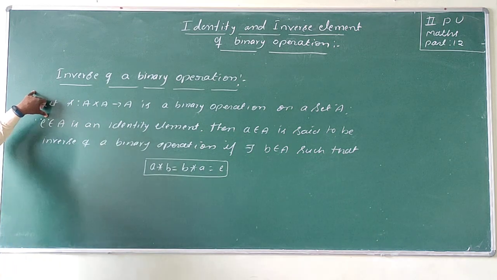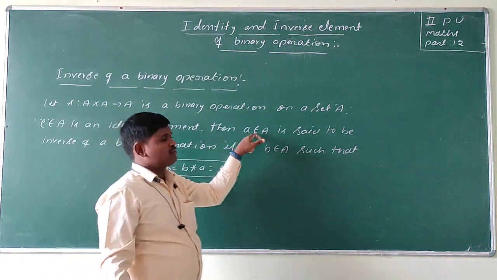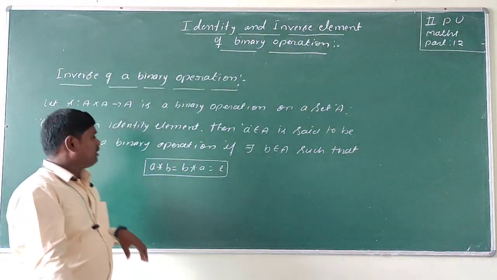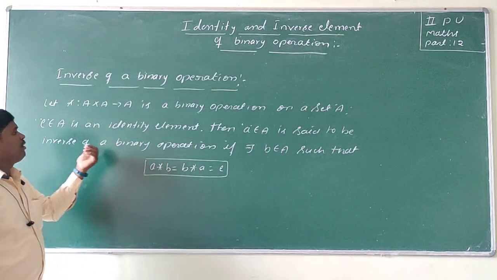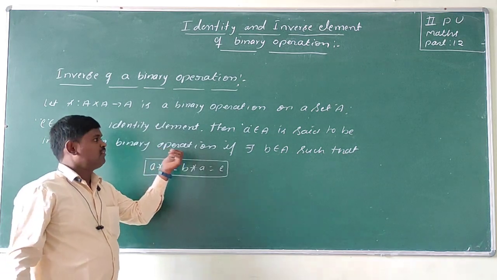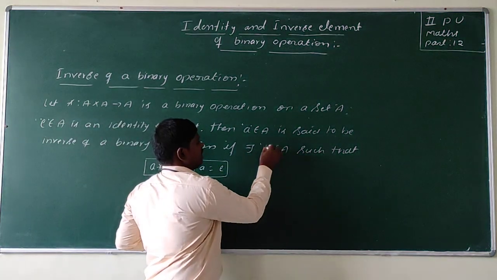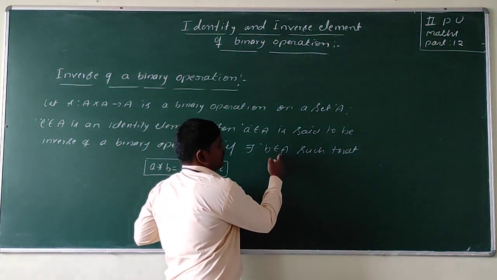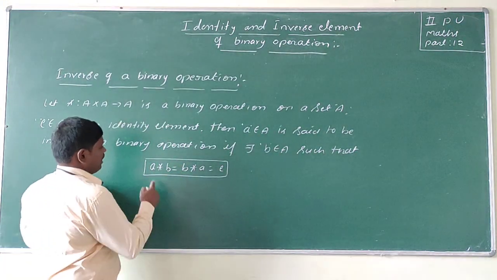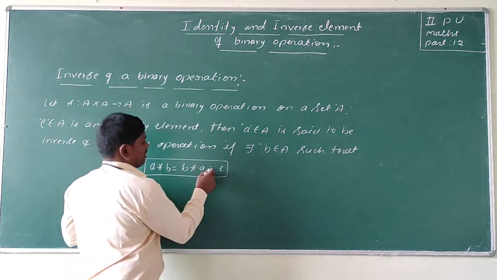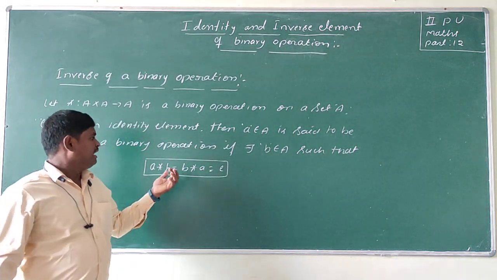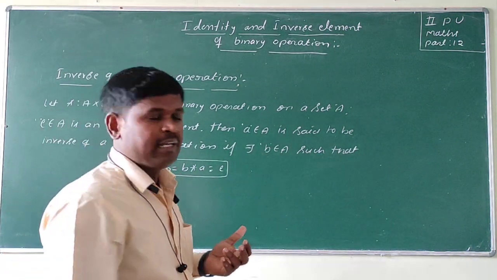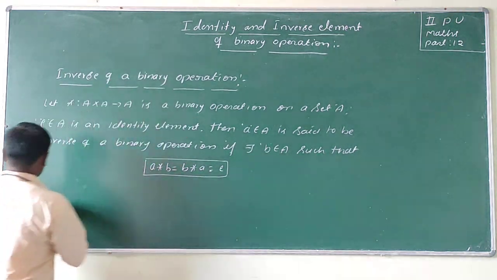Then another arbitrary element a belongs to A is said to have an inverse if there exists b belongs to A such that a star b is equal to b star a is equal to e. So b is called the inverse element of a, or a is called the inverse element of b, vice versa.